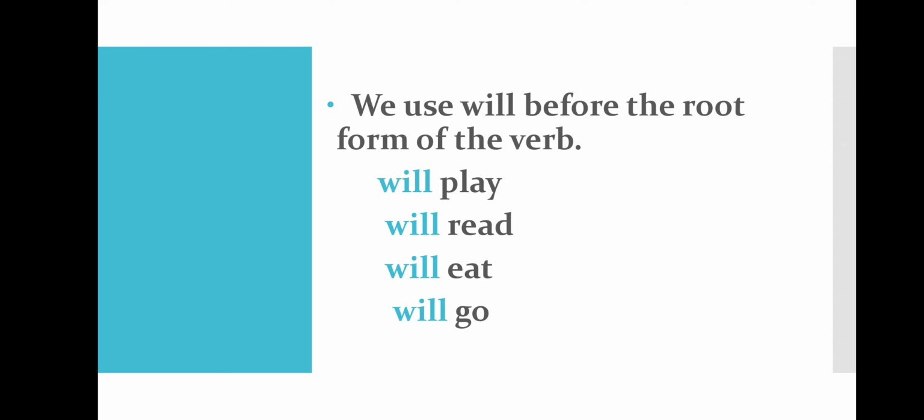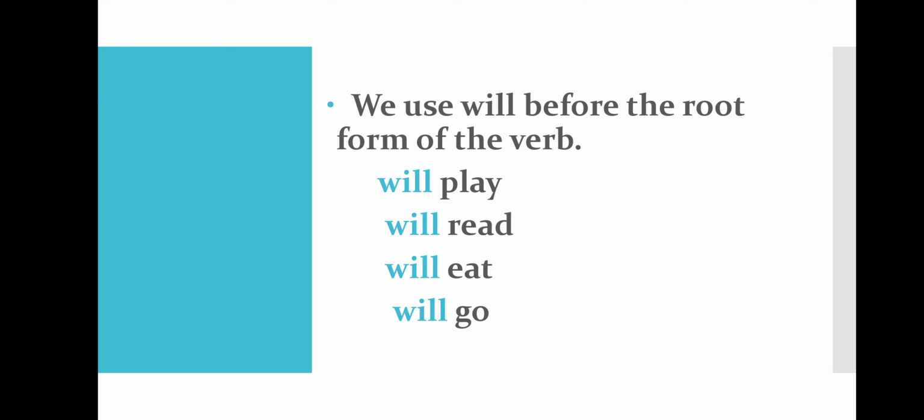Will read. Read is the verb and we have used will before read. Will eat. Eat is the verb, root form of the verb, and we have used will before that. Will go. Go is the root form of the verb, and we have used will before that. So before the verb, we use will.